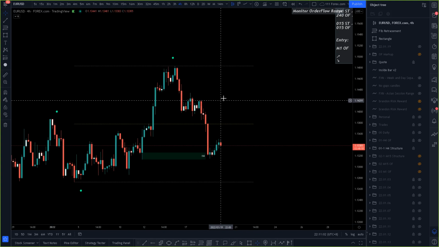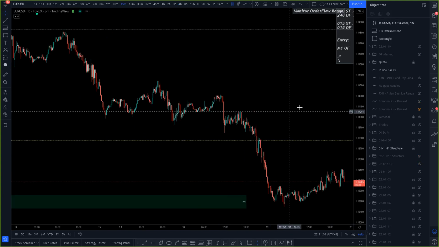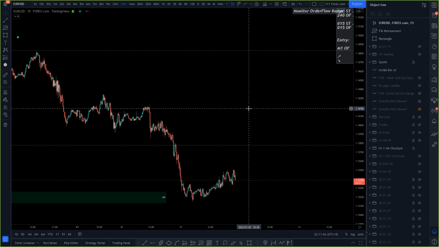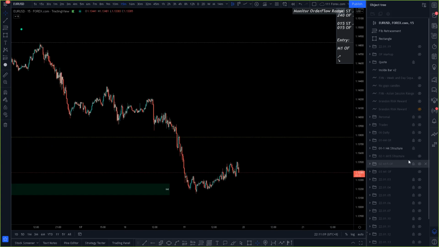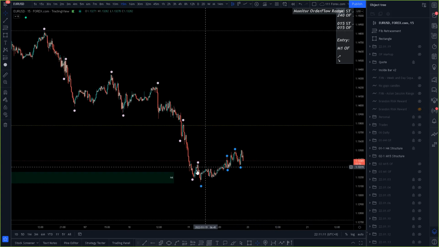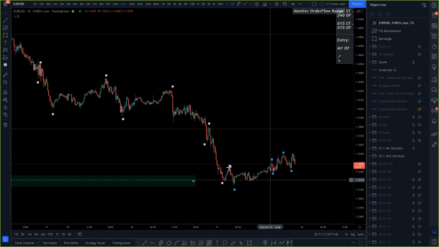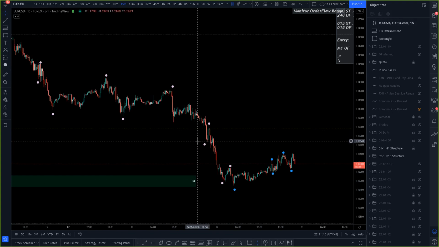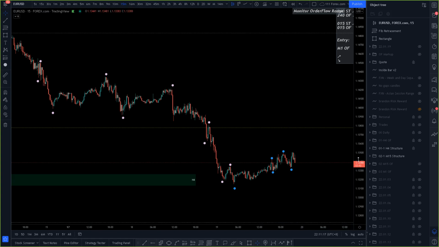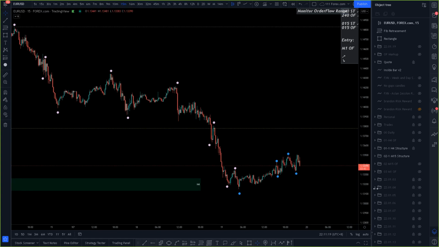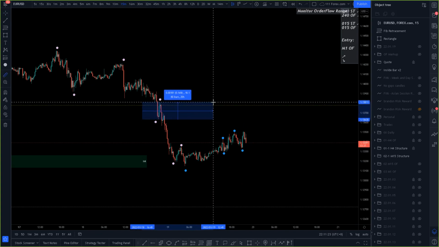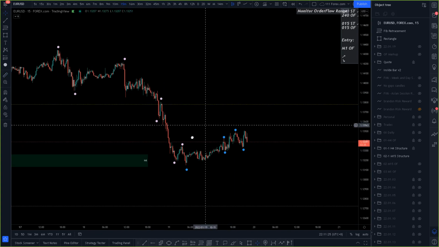So let's dive deep into 15 minutes. We can see the structure. I classify this as my structure, but apparently the schedule didn't, but that's okay.